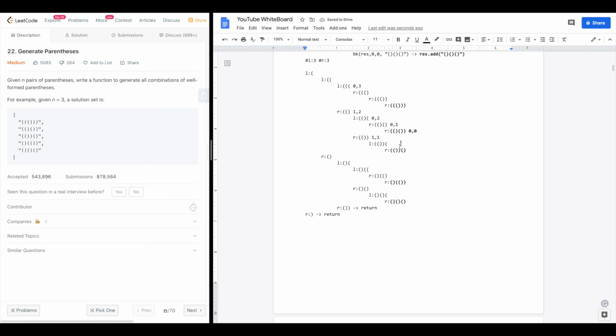When we keep doing the things over here, it's 0, 1. Over here it's 0, 0. Since it's 0, 0, we can add it to our results. And for over here, just repeat the things we did before.